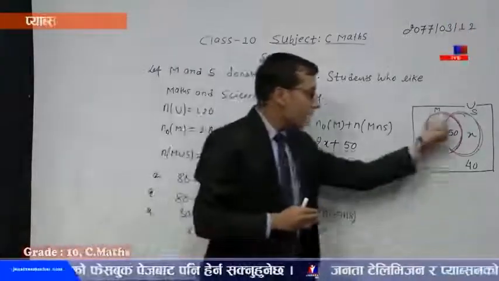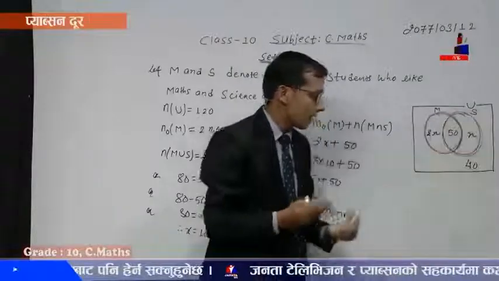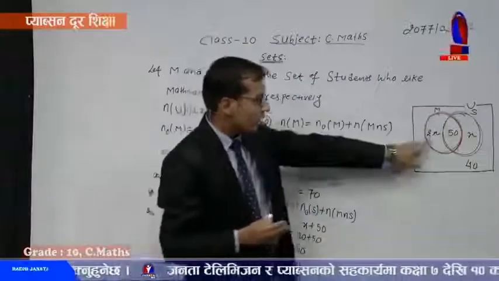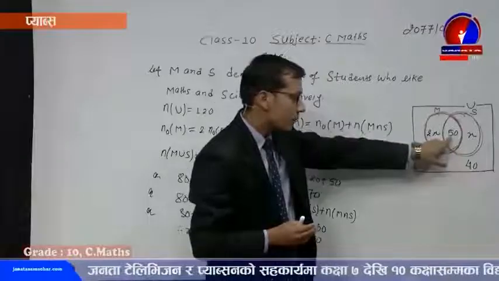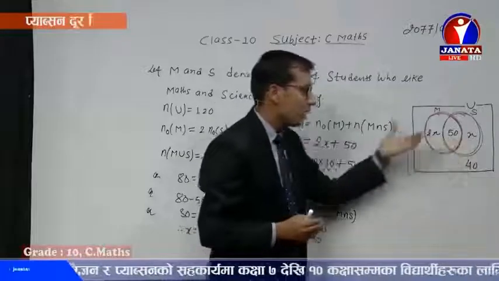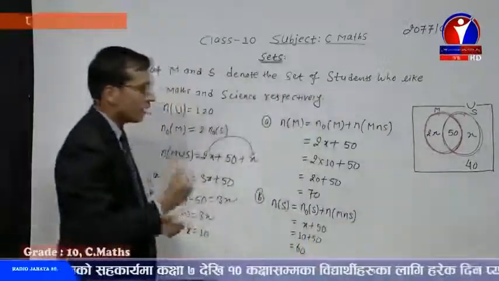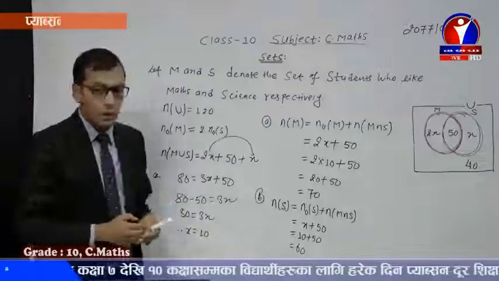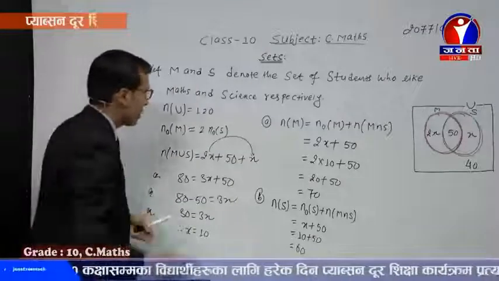So let's take M union S for at least one subject, and for question C, twice x plus 50 plus x, and we can replace x by 10 and calculate the total number of students who passed in at least one subject.